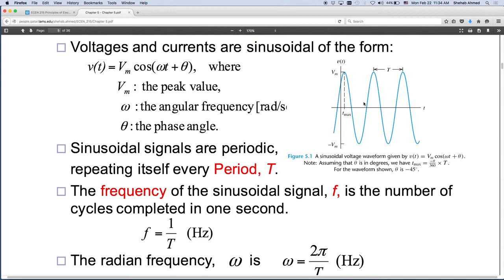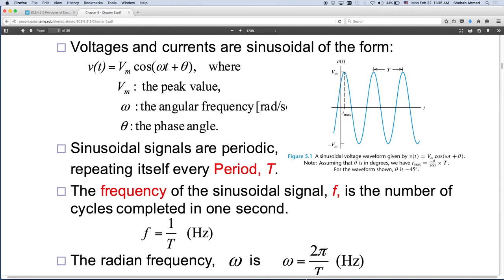What tools have you studied in math that allow you to study a waveform that has a certain magnitude and phase angle? Remember rectangular representation of numbers? Have you studied complex numbers or not? Complex numbers have a real part and an imaginary part.